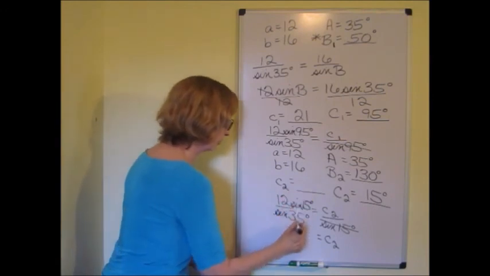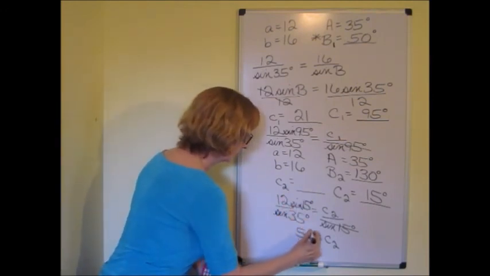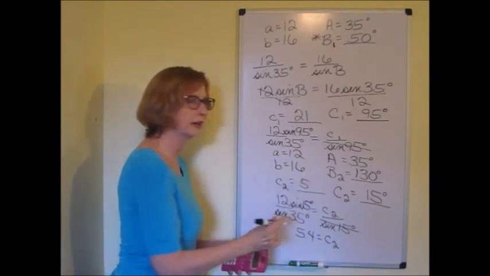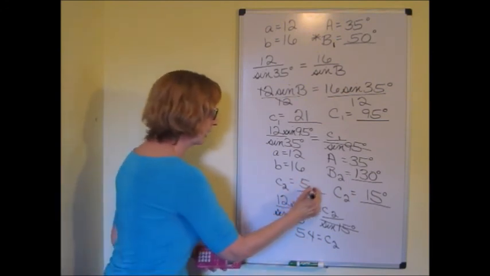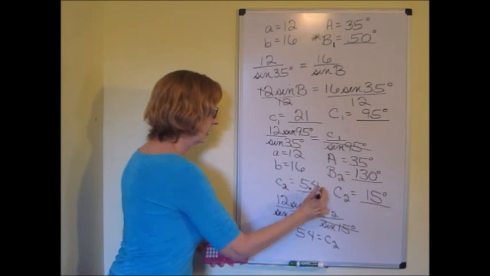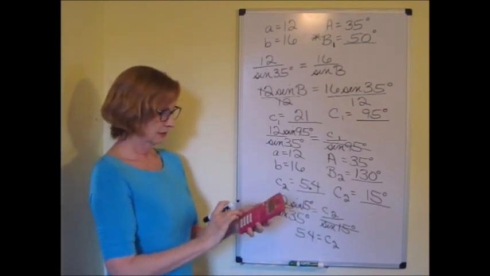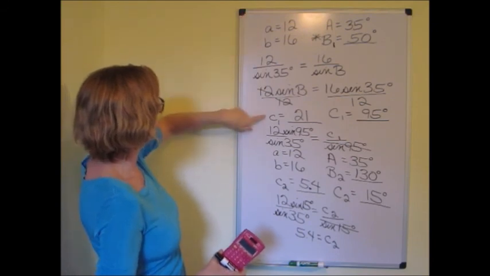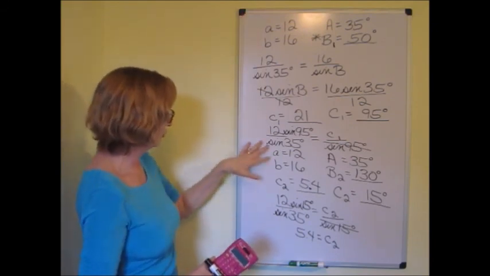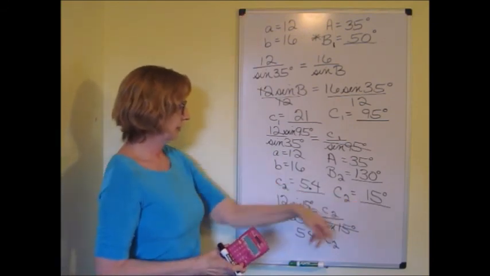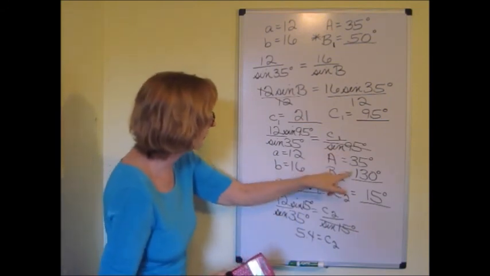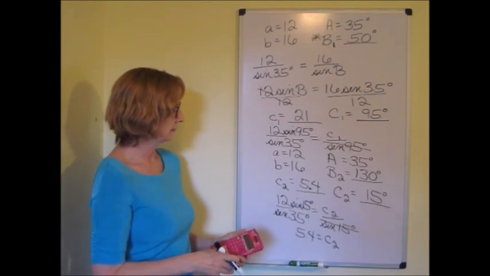I'm going to put 5.4 for my side. On the homework, it'll tell you what place it wants you to round to. And there we have it. So we've solved for both triangles. Here's triangle 1, all that information, and then triangle 2, we found an angle that made sense, meaning that all the angles are positive and they add up to 180. And that would be it.